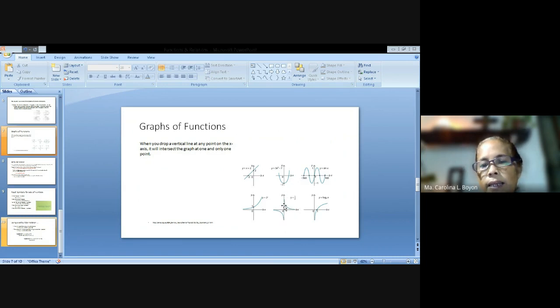So it will not meet the graph at 2 points at the y-axis or when x is equal to 0. So still this will be a graph of a function.